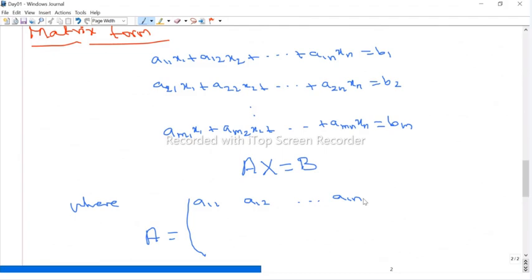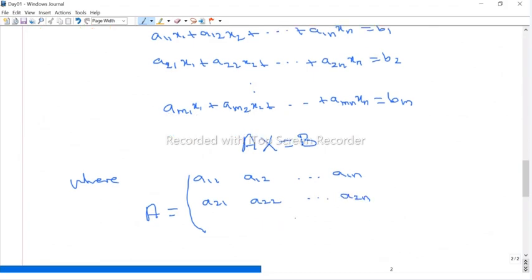The second row has the coefficients of the second equation, a21, a22, etc., a2n, and finally the mth row, am1, am2, etc., amn. Here we have m rows and n columns. Therefore this matrix is an m by n matrix.